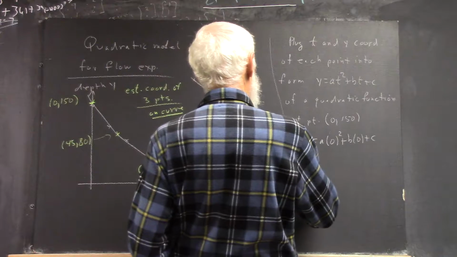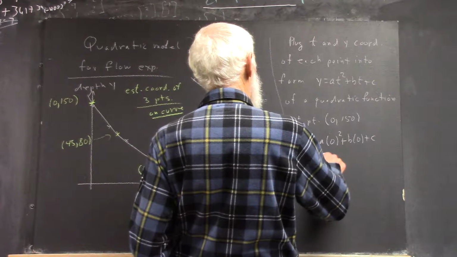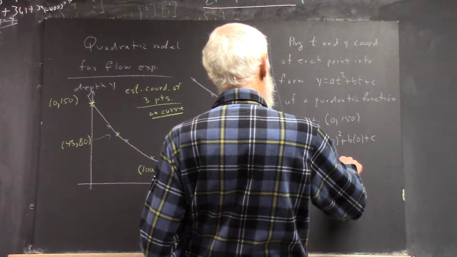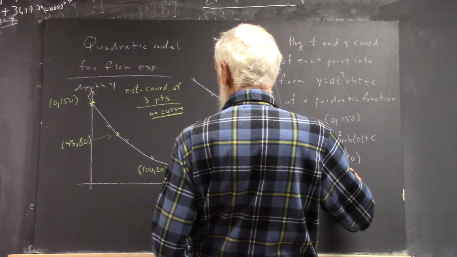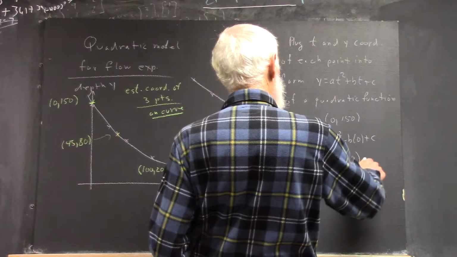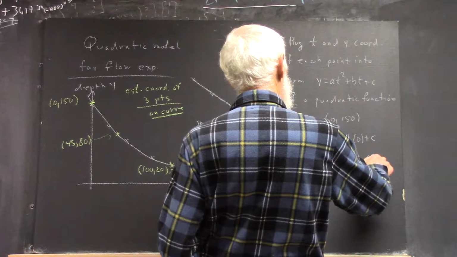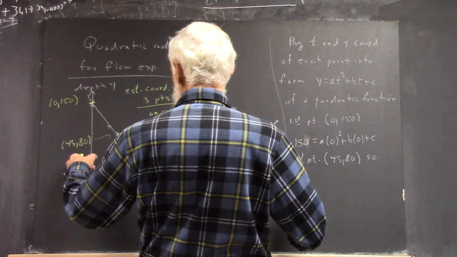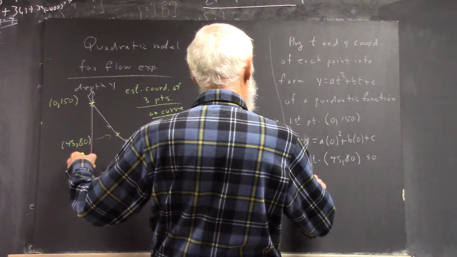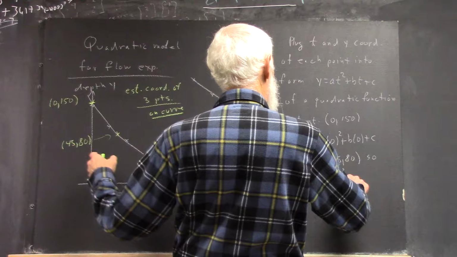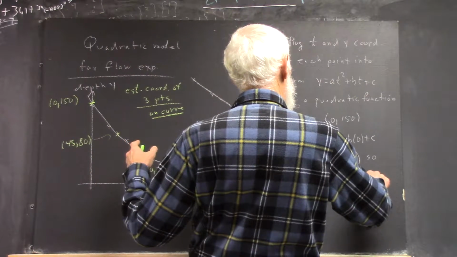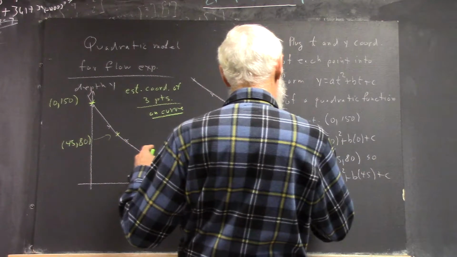Okay, your second point is 45, 80. So 80 should equal a times 45 squared plus b times 45 plus c.